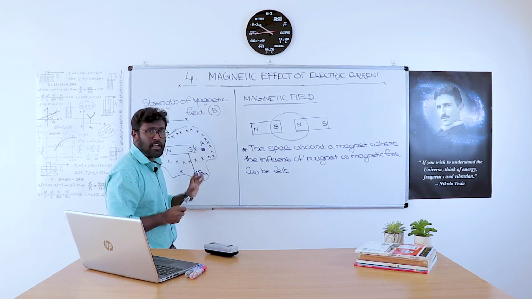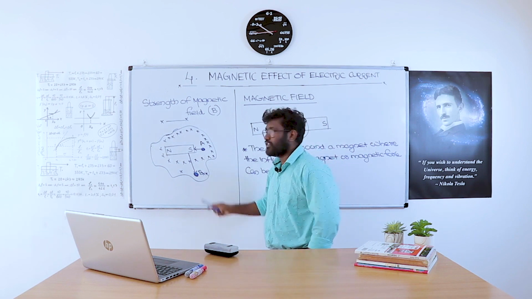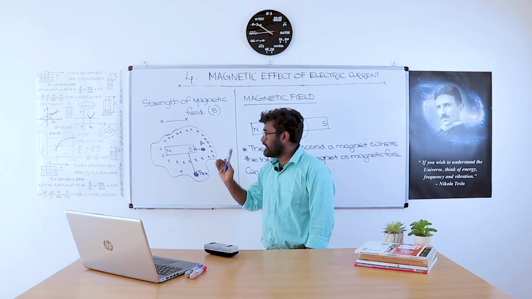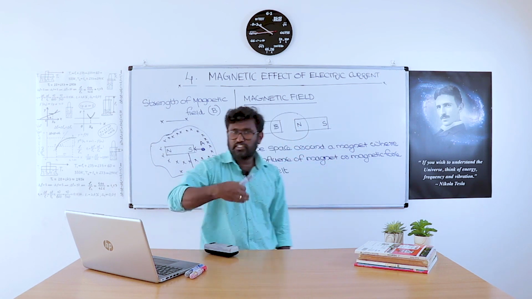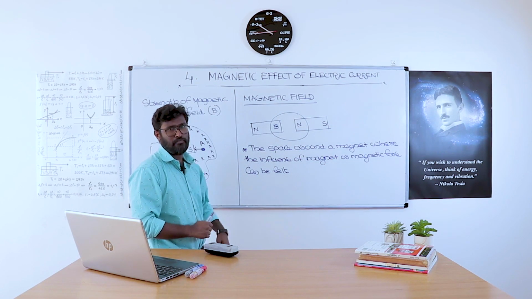The strength of the magnetic field at A is greater than the strength of the magnetic field at B, which simply indicates that whenever the distance increases, the strength of the magnetic field decreases.